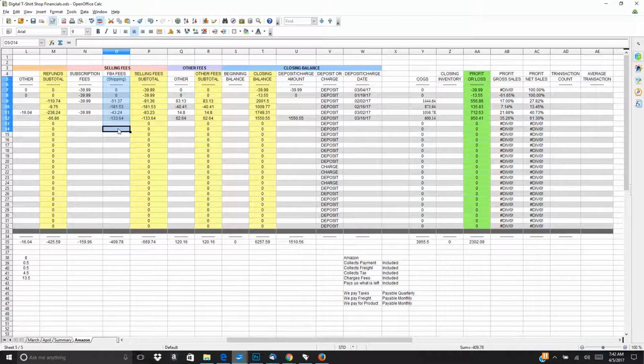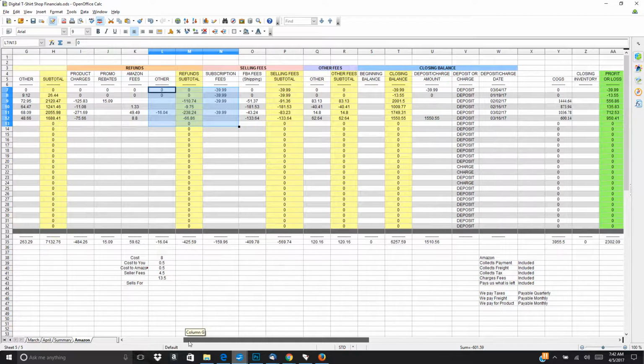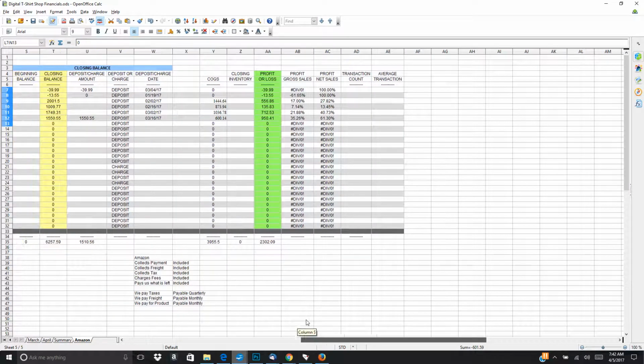So I've got two parts of it: the cost of the product, and the cost to get it to me. Then right here, this has the cost to get it to Amazon and the cost that Amazon charges me for their fees, in order to determine whether I made money or not. As complicated as that might be.